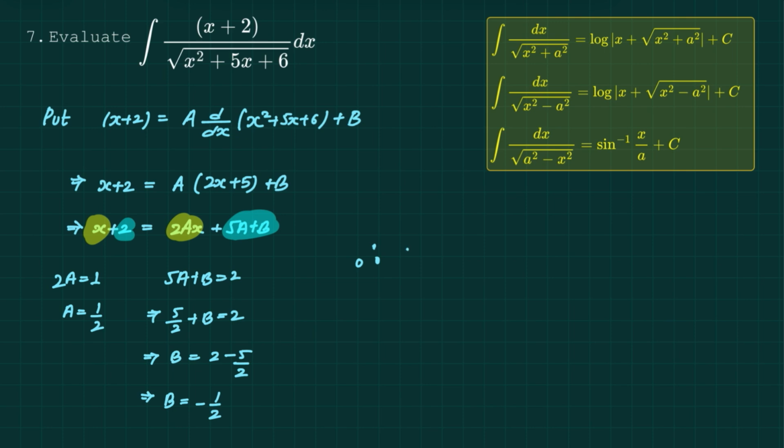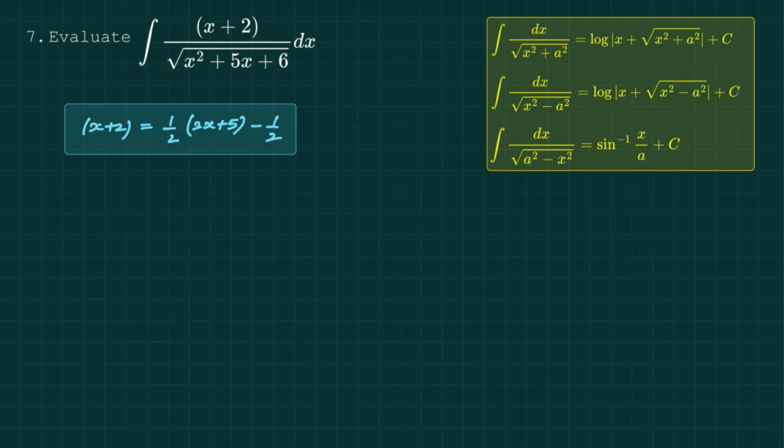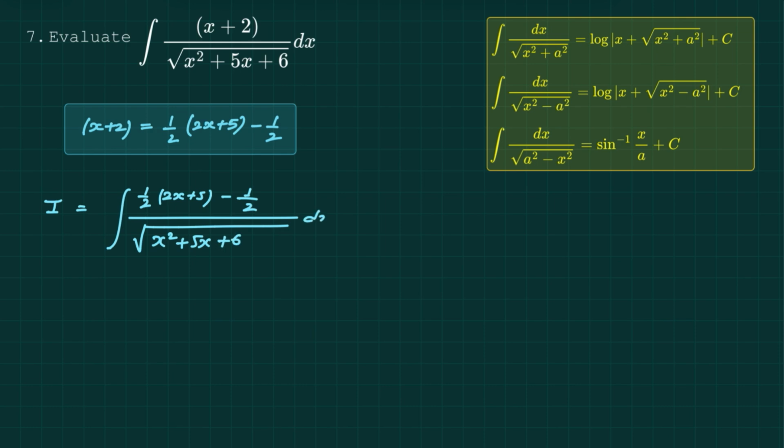Therefore, x plus 2 equals, let us put the values in this equation, 1 by 2 into 2x plus 5, and the value of b is minus 1 by 2. Therefore, I equals integration of 1 by 2 into 2x plus 5 minus 1 by 2, whole divided by square root of x square plus 5x plus 6 dx.